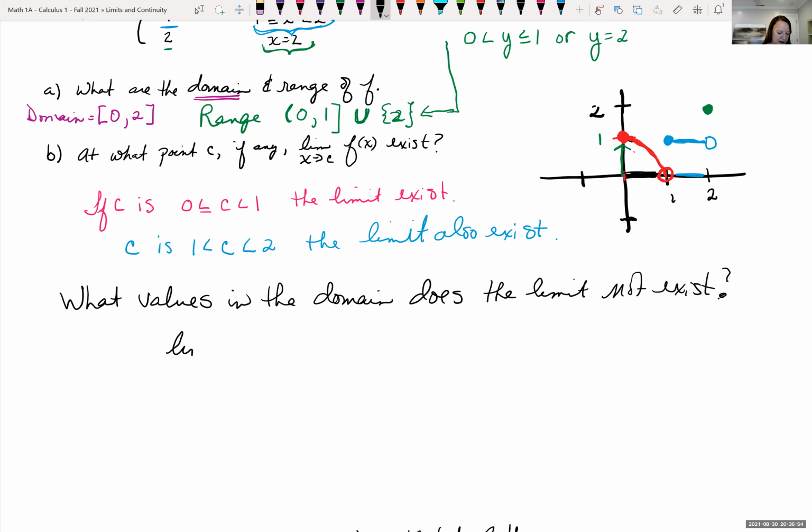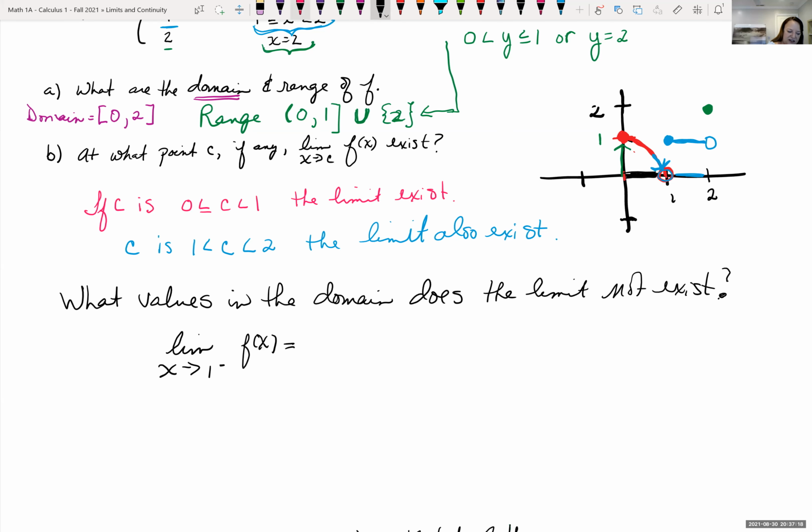If I looked at the limit as x is approaching 1 on the left, so if we were looking at our graph and coming into 1 on the left, what y value are we approaching for f of x?